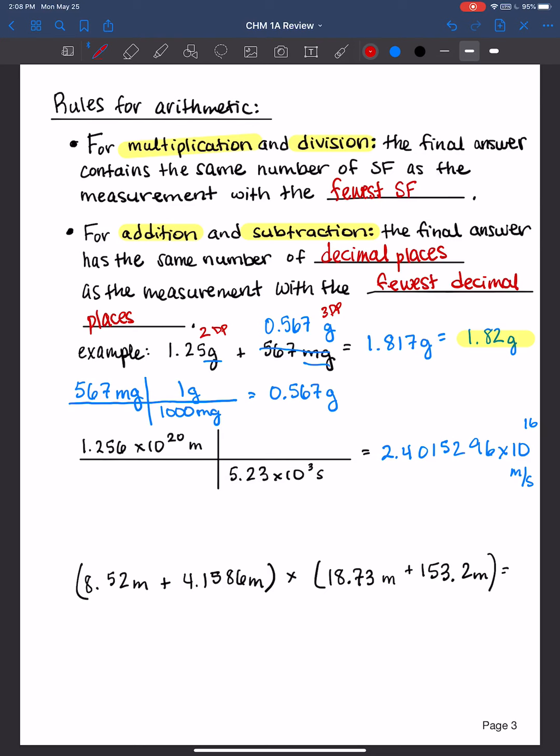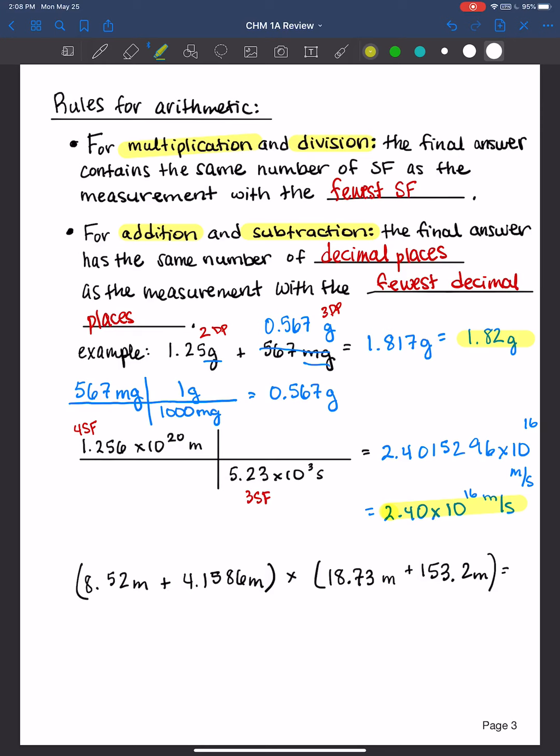How many significant figures for the 1.256 times 10 to the 20th? You have 4 significant figures here. And for the 5.23 times 10 to the 3rd seconds, you have 3 sig figs. Excellent. So your final answer should be in how many sig figs? In 3. Good. 2.40 times 10 to the 16th meters per second. And there you go.